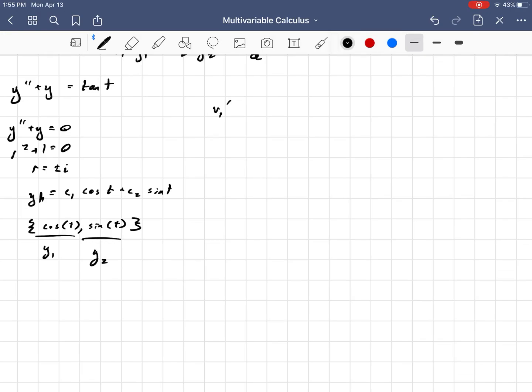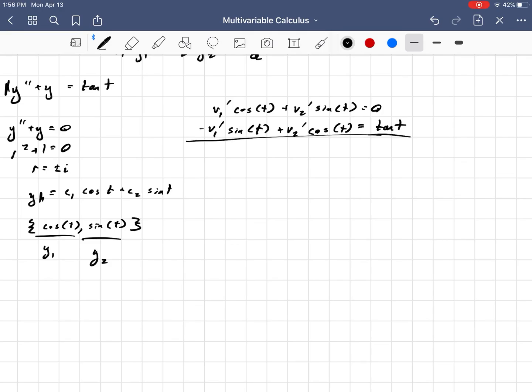Now that we have that, that tells us that v sub 1 prime times y sub 1, which is cosine of t, plus v sub 2 prime times the sine of t is 0, and negative v sub 1 prime times the sine of t, because when I differentiate cosine I get a negative sine, plus v sub 2 prime times the cosine of t, because when I differentiate sine I get cosine, that's going to be f of t, which is tangent of t, over a, and a is 1 because this is 1 right here.